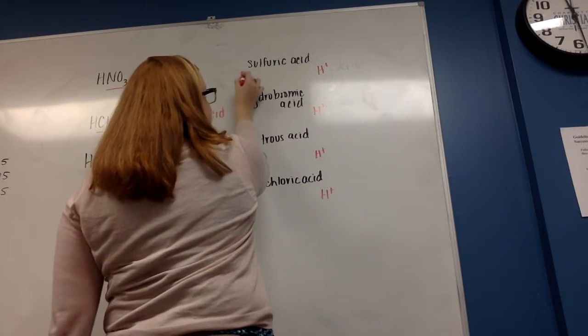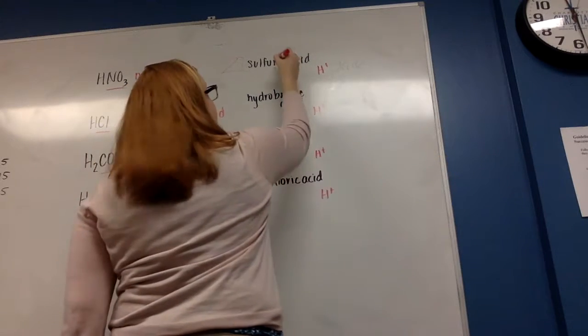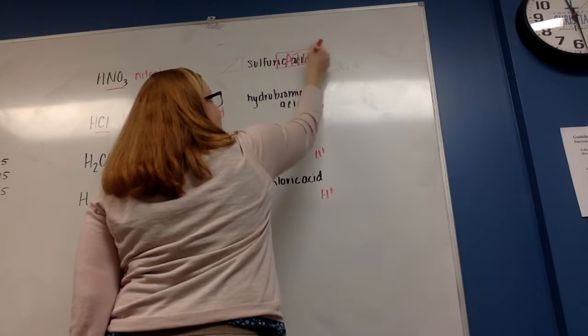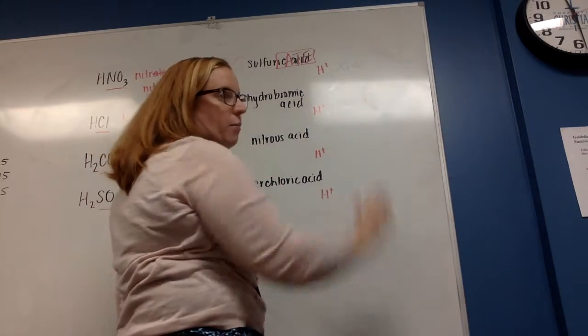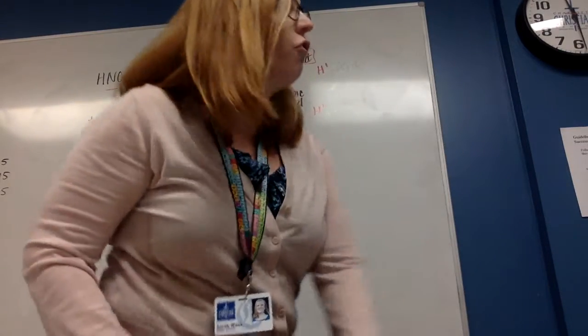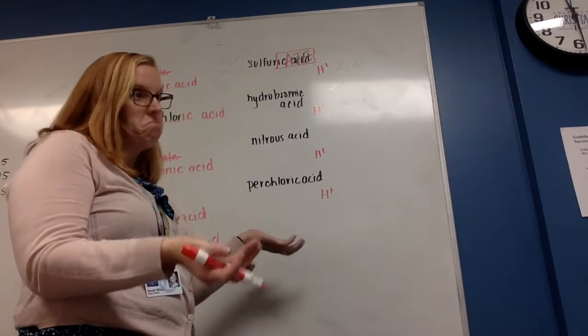Sulfuric acid. Does it have hydro? Nope. So that means it's a polyatomic ion. Ic acid means that it came from sulfate. Oh, sulfurate, okay? But you're going to look on your polyatomic ion sheet and you're going to see there's no sulfurate, but there's sulfate. And then you're going to remember that sulfur and phosphorus are not nice, okay?